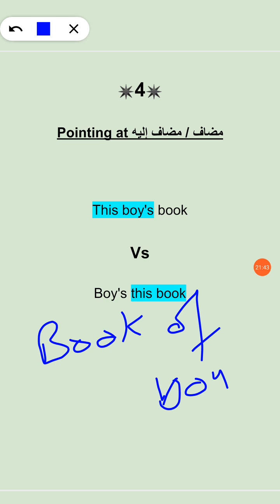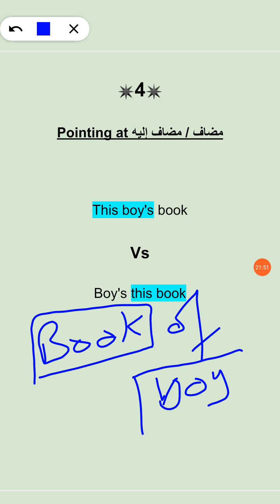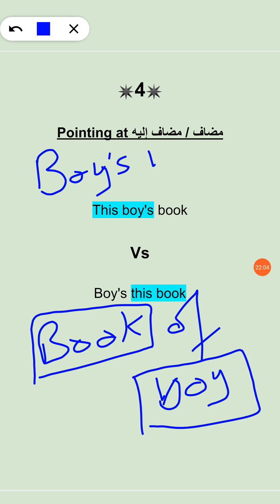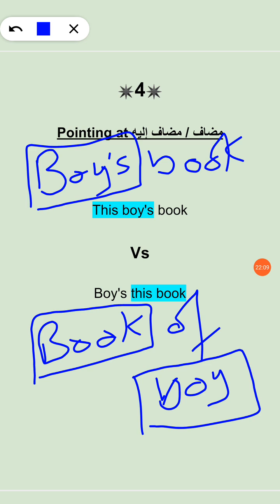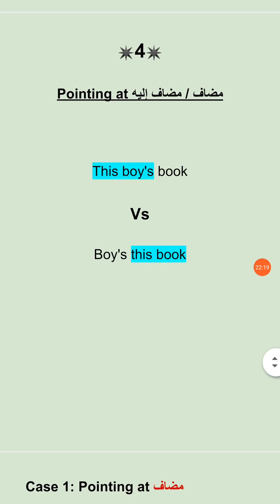Here the thing that is owned is muzaf, and the owner, the word that comes after of, is called muzaf ilayh. If you flip it and construct it this way, boy's book, then the word with the apostrophe s is called muzaf ilayh, and the one without it is called muzaf. These are the two constructions that I can very briefly tell you about.